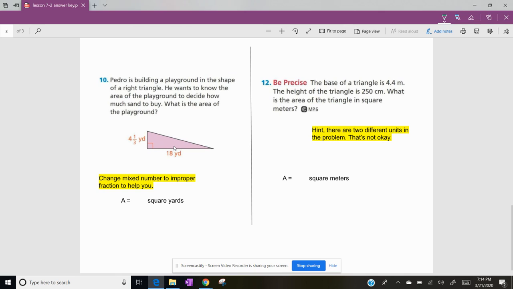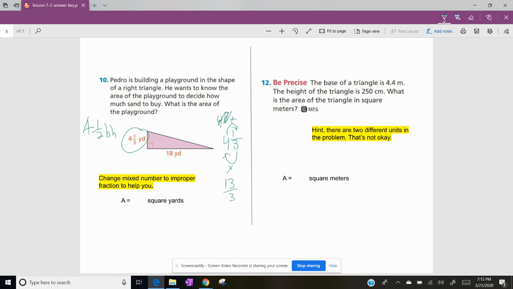So let me start with my formula. Area equals 1/2 base times height. So I'm going to change that off to the side, to an improper fraction. Remember, I'm going to take the denominator times the whole number, I get 12, then add that leftover numerator to get 13, so it's going to be 13 thirds.